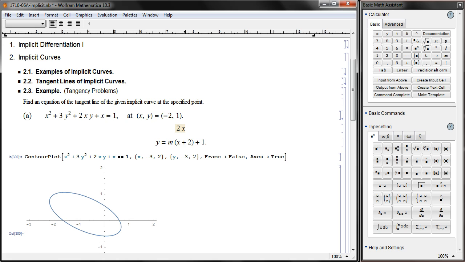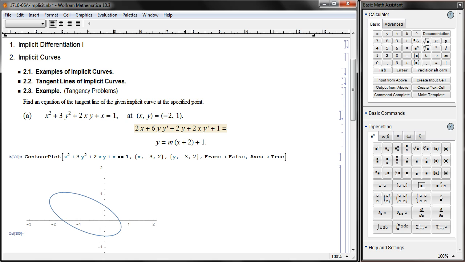Implicit differentiation: 2x plus, what's the derivative of the second term? 6y, but don't forget y prime. And then 2xy, that's going to be the product rule: 2y plus 2xy prime. And then finally, the derivative of x is 1.